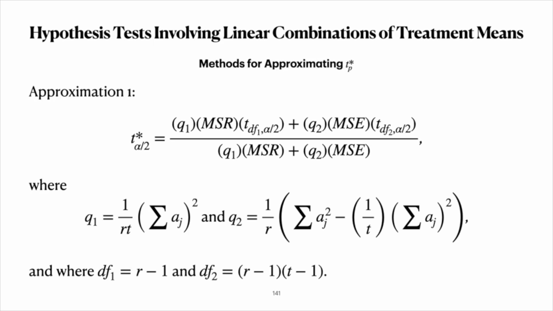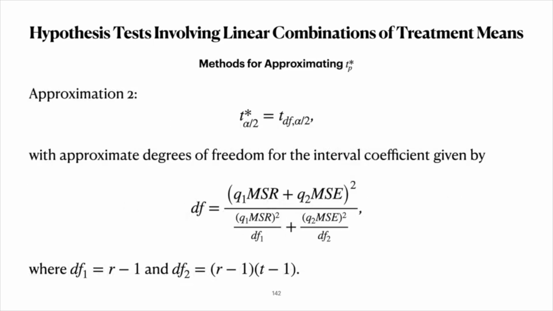And the other method, the approximation method 2, all right, is given by this slide. And we can see here that in this particular approximation, what we're doing is approximating the degrees of freedom, and then we obtain the upper alpha over 2 percentage point from that approximate t-distribution, the t-distribution possessing the approximate degrees of freedom given by this formula.